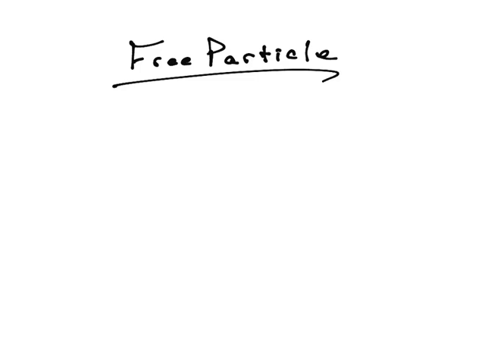Alrighty, so in this video we're going to start our foray into the use of Schrodinger's equation. Basically, we will go step by step through a number of systems that are able to be solved either by hand or by computer or numerical methods.